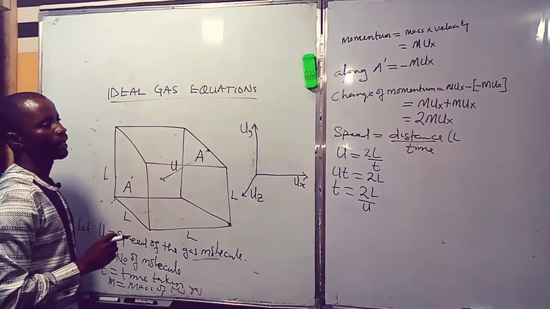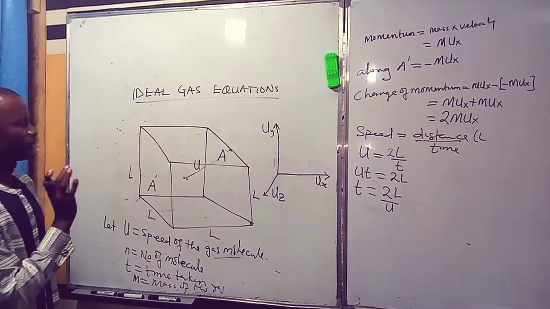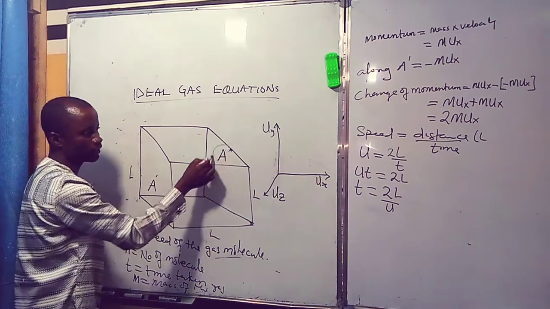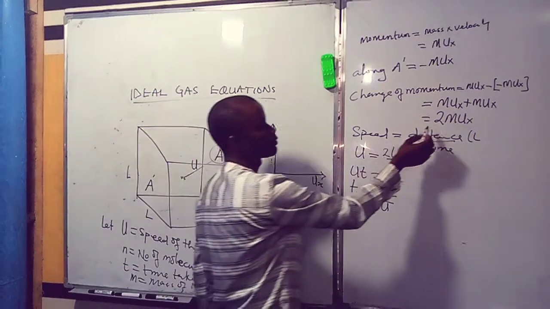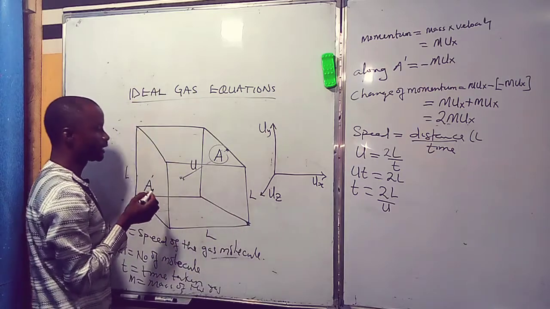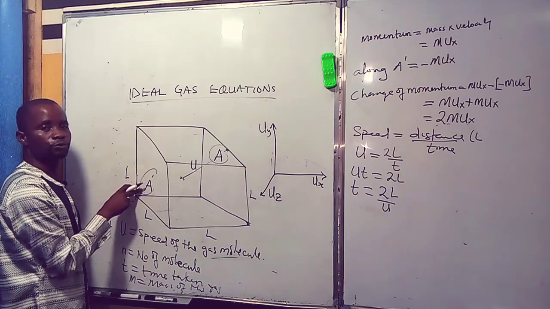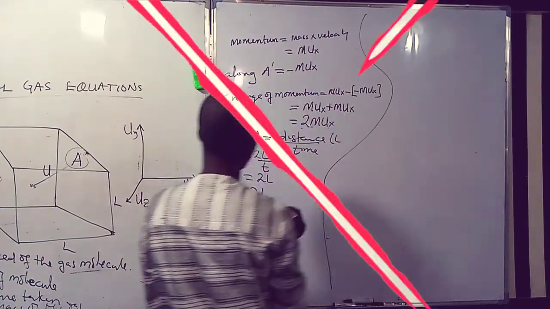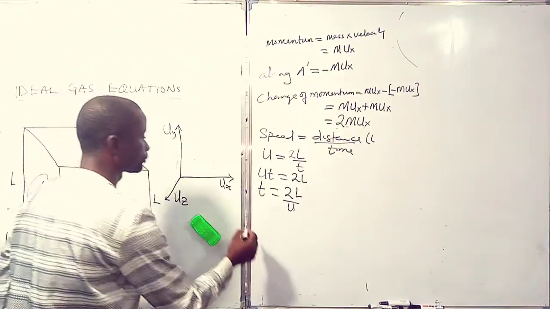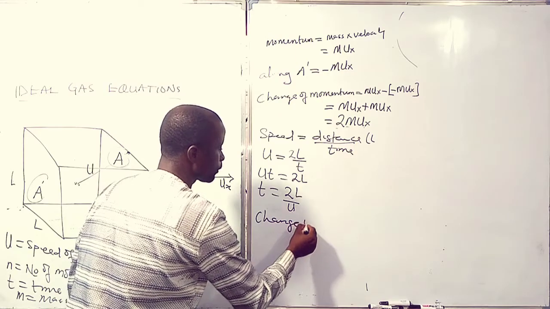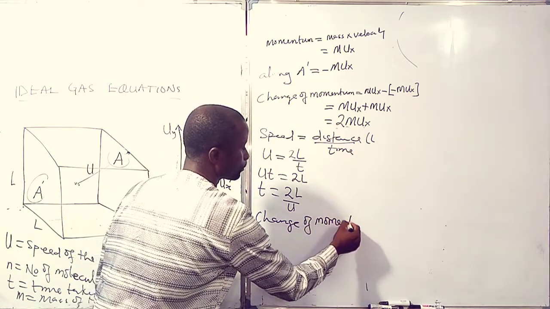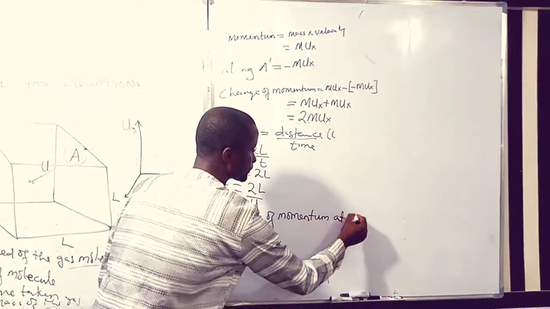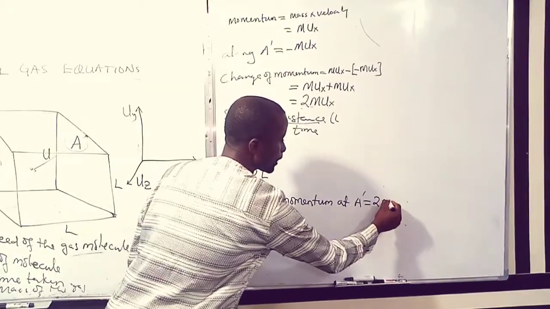Now, remember that here we have A prime and we have ordinary A. The change of momentum at A is equal to 2mux, while the change of momentum at A prime will also be 2mux.